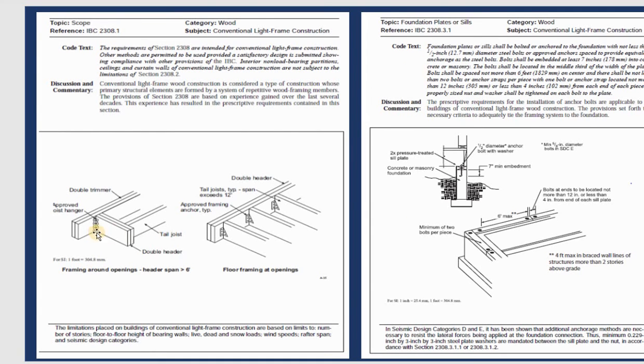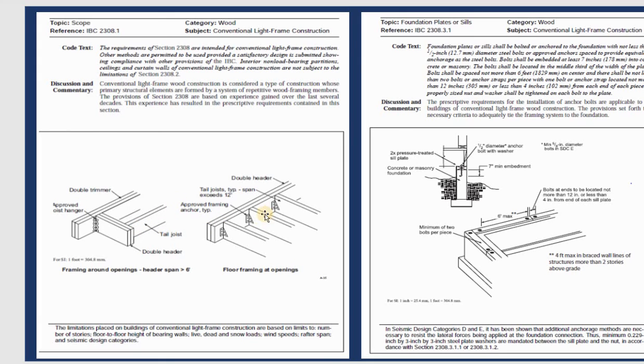This is one example, so you can see the connection on the light frame construction. If you have the double header right here, and this is the trimmer, you need an approved hanger right here. And in here is the tail joist.